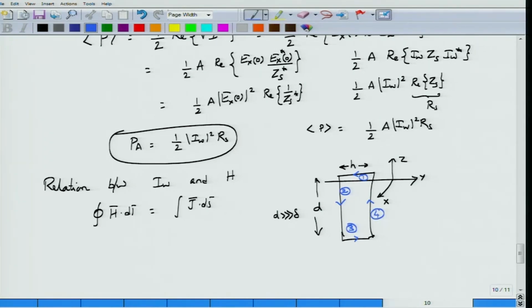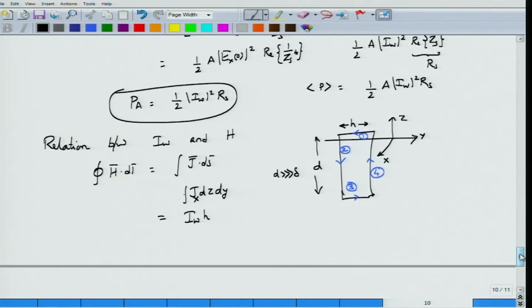Now this integral of J dot ds we have already written down. This is nothing but the integral of Jx dz dy. But the integral of Jx dz is something we have already written down: it is the current per unit width, and the integral over dy will be the integral over h. So this would be I_W into h, h being the width along the y direction.